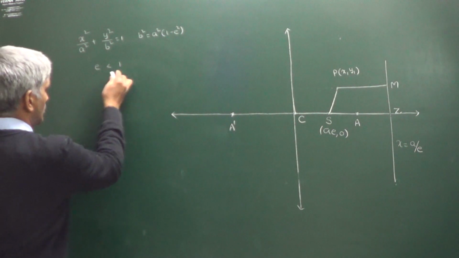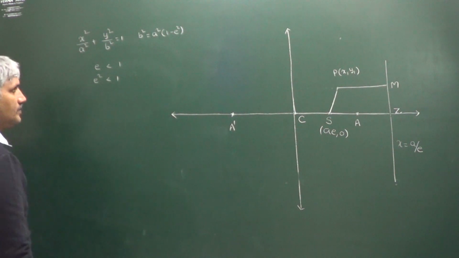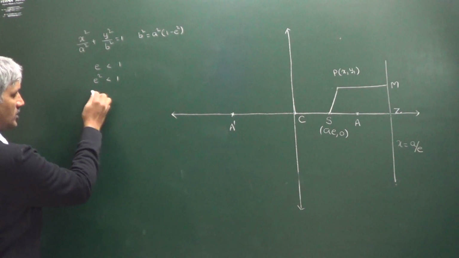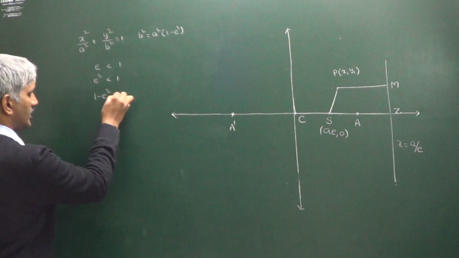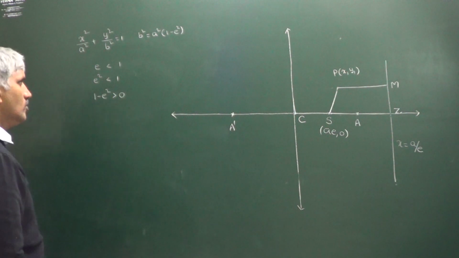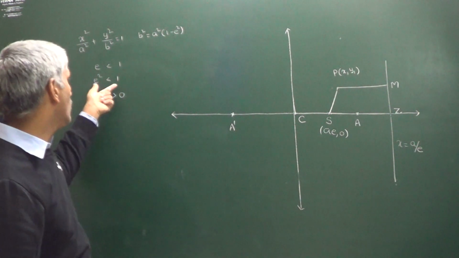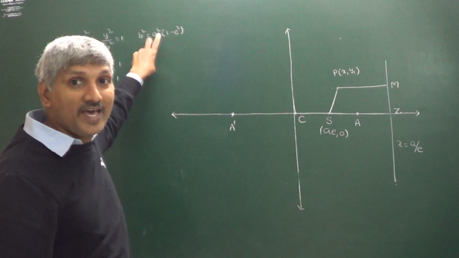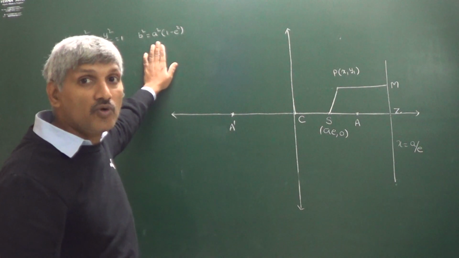E value is less than 1 means no doubt e square value is less than 1. So what can we say from here? 1 minus e square is greater than 0. So because e square value is less than 1, I can say a value is more than b. In this case, the value of a is more than b.